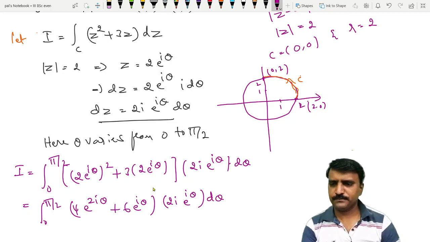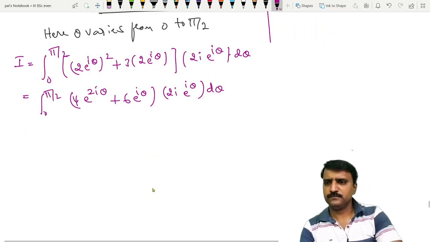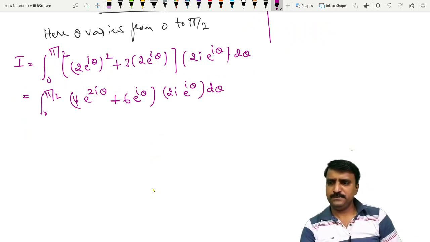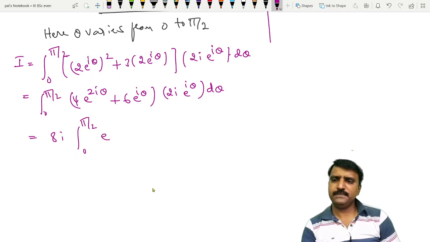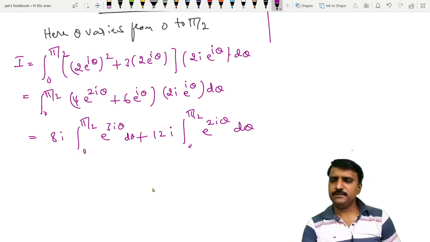Next step, simplifying this, 4 twos are 8i, so 8i into the integration from 0 to pi by 2 of e power 3i theta, plus 6 twos are 12i into the integration from 0 to pi by 2 of e power 2i theta d theta.